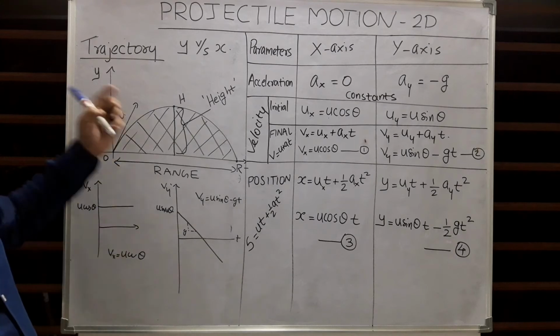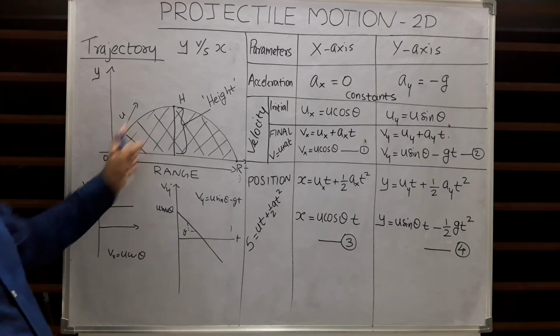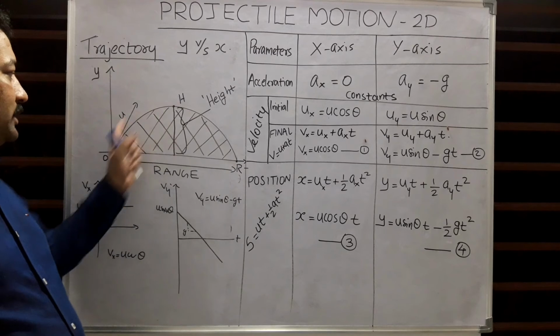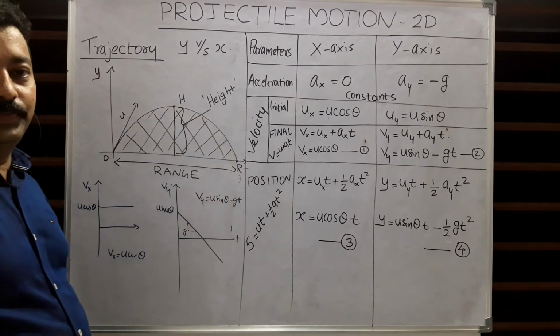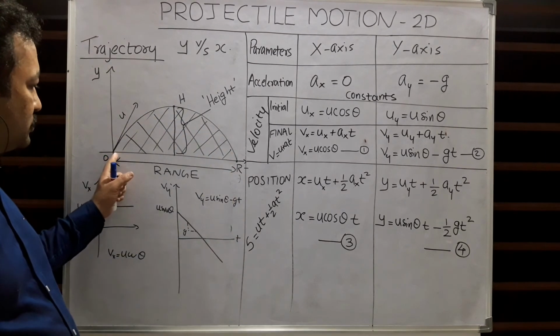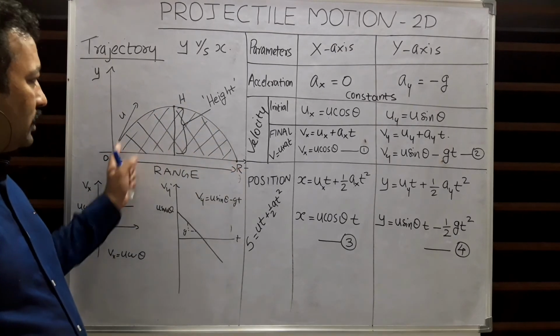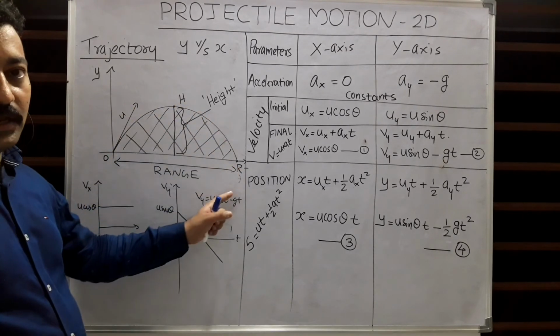Now we are going to analyze the parabola in detail. What are the important aspects of a parabola? The first thing is how much time is taken by the projectile to make this parabola. What is the time taken by the projectile to move from O to R, or till what time the projectile was flying?